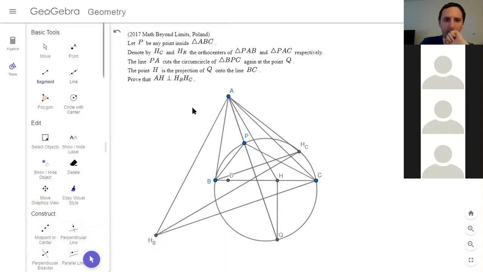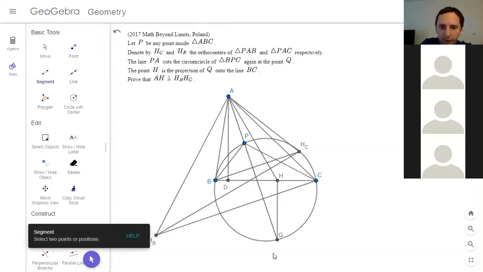No, just BC. Okay. I think AHQD is similar to BHC CHB. So the whole quadrilateral, you mean, AHQD?